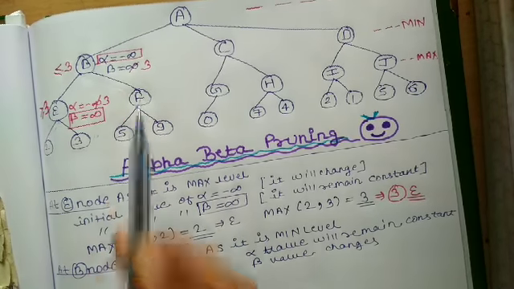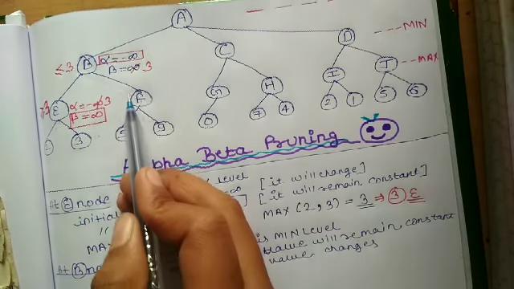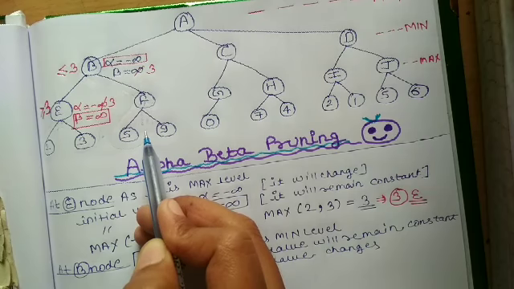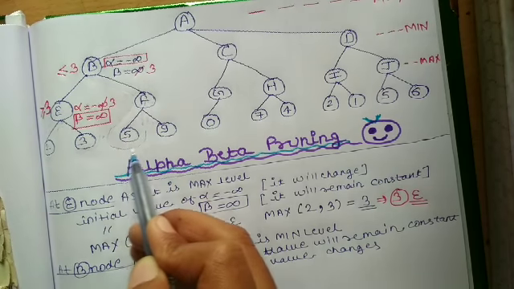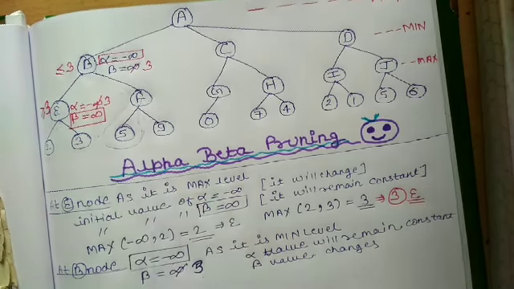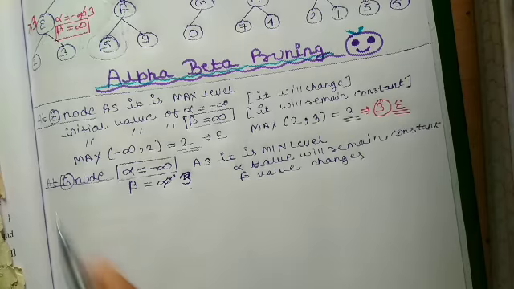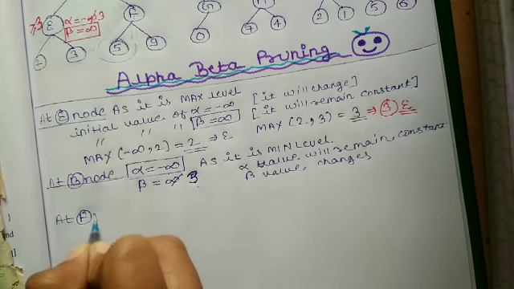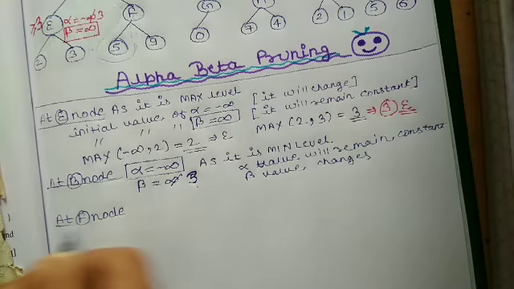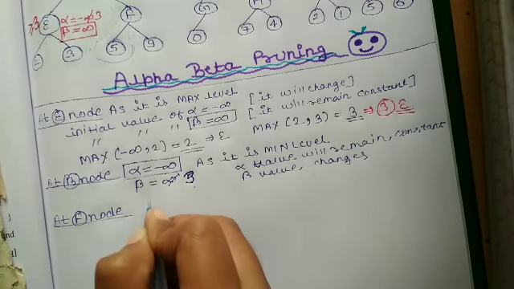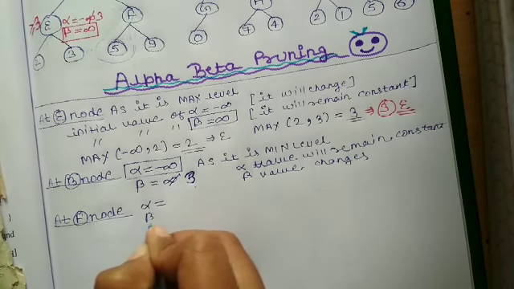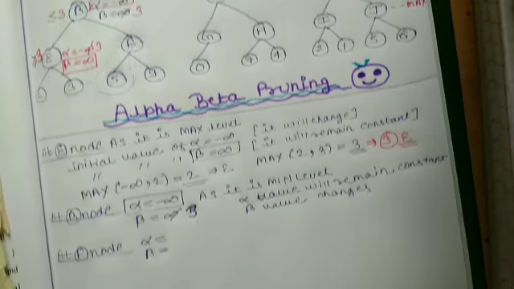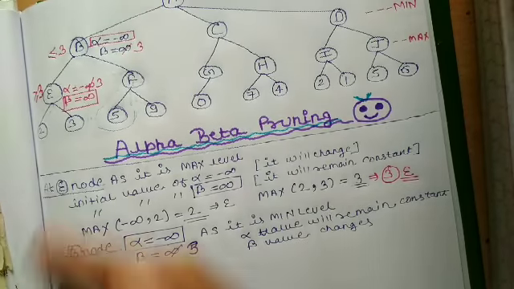The F node you have to explore now. So you have to write it like this: at the F node, alpha is equal to, beta is equal to. Now, one important concept is there.